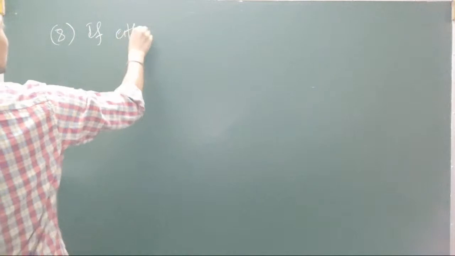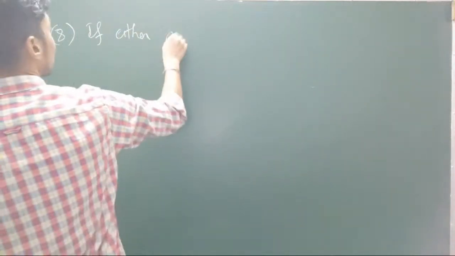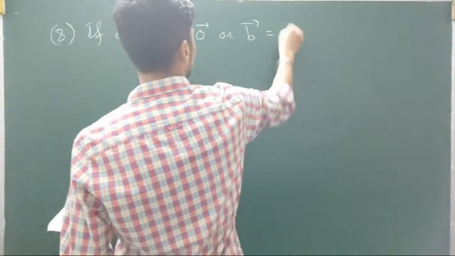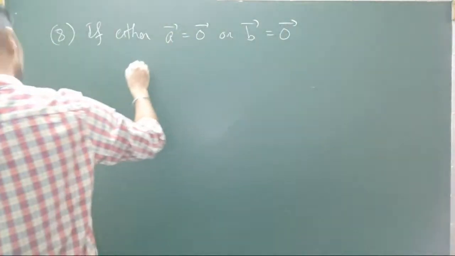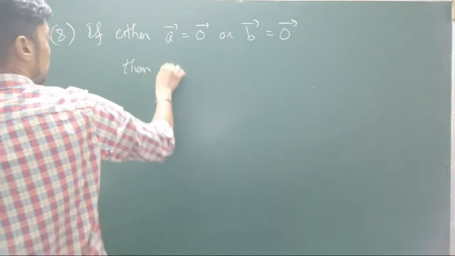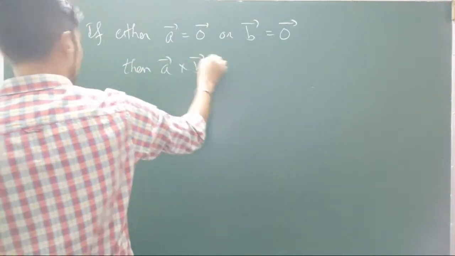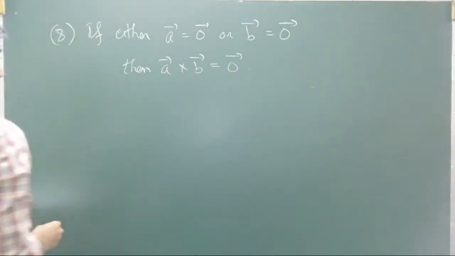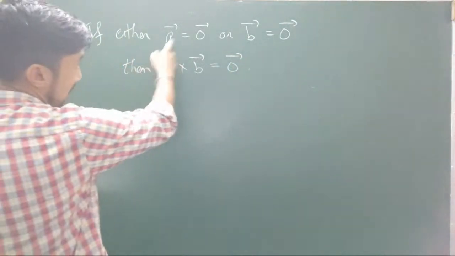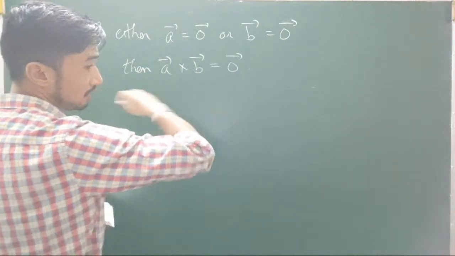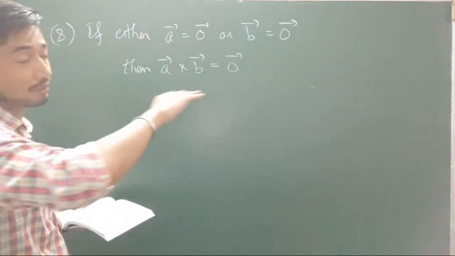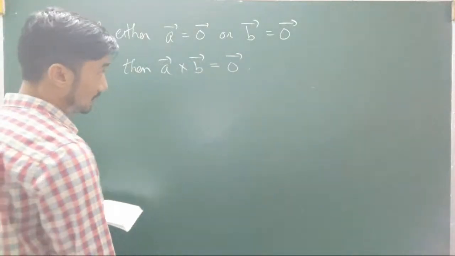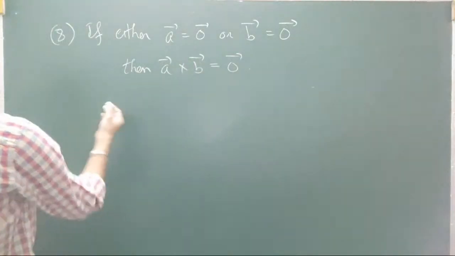If either vector A is a zero vector or vector B is a zero vector, then A cross B is zero. No problem. Sure. Because if either one of A or B is a zero vector, then definitely one entire row will be zero, so the cross product definitely will be zero. No problem with that. But the question is, is the converse true?